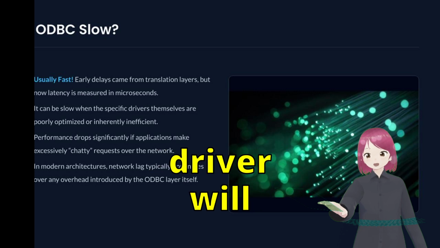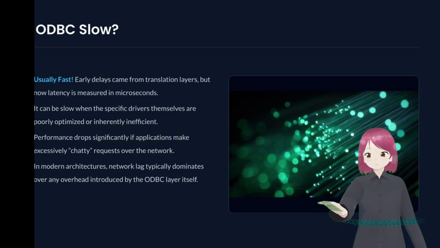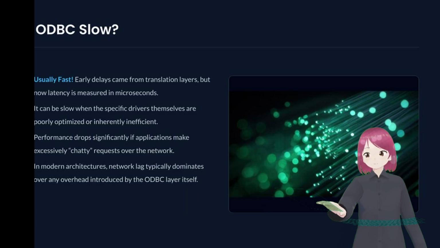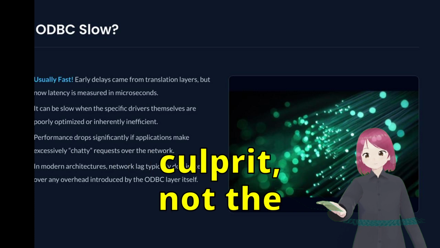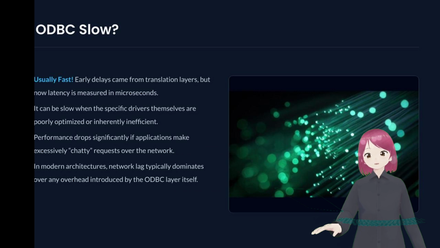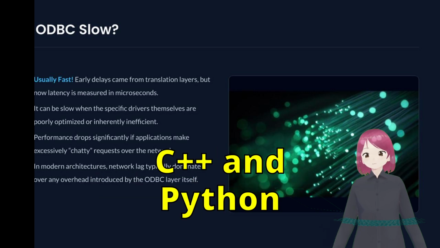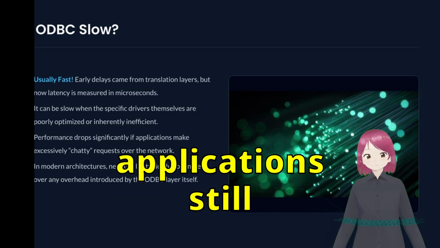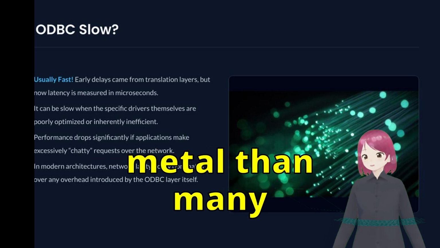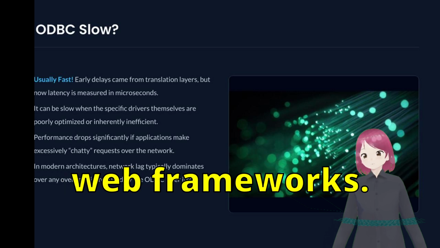A poorly written driver will bottleneck your data. Chatty communication, making too many small requests instead of batching them. Network latency. This is usually the culprit, not the ODBC protocol itself. In fact, many high-performance C++ and Python applications still use ODBC because it is closer to the metal than many modern, high-level web frameworks.